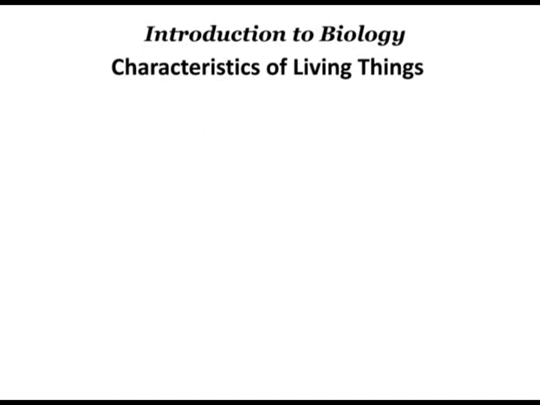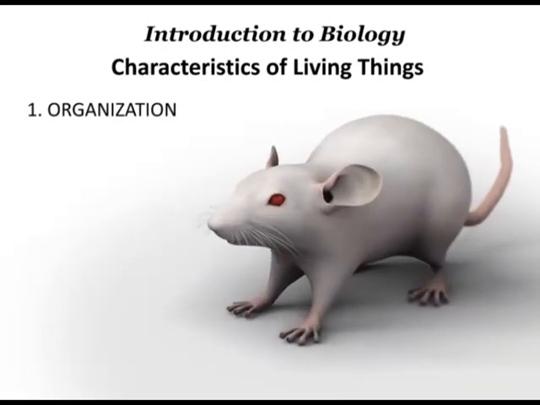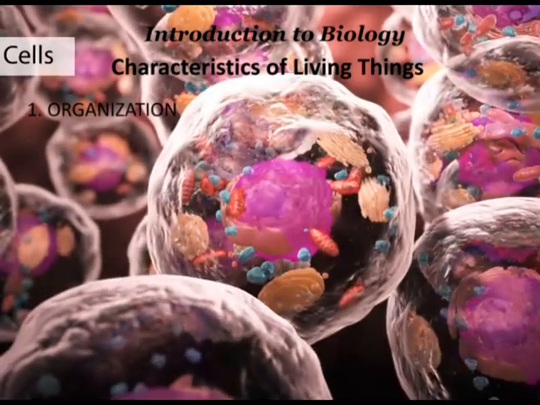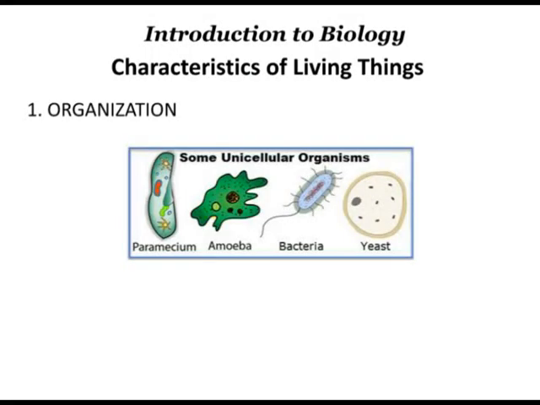The most fundamental one, although you may not find it in most textbooks, is organization. Living organisms are highly organized and are made up of small units called cells. For some, the whole organism is made up of only one cell. They are called single-celled or unicellular organisms, like bacteria, yeast, amoeba, paramecium, and so on.